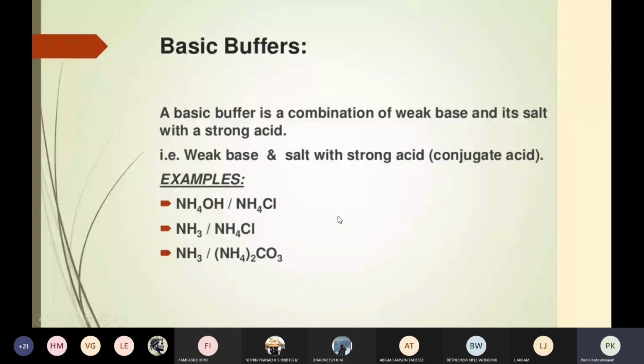Coming to the basic buffers, these are composed of a weak base and its salt with a strong acid. For example, NH4OH and NH4Cl, NH3 and NH4Cl, and NH3 and NH4CO3. All these are examples of basic buffers.